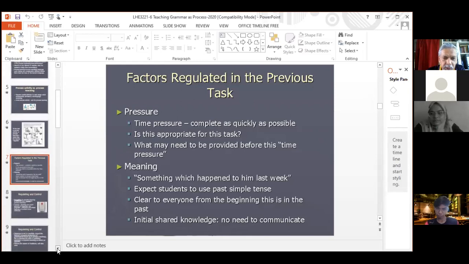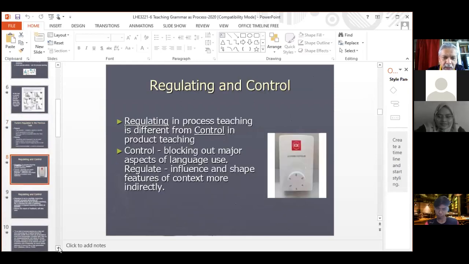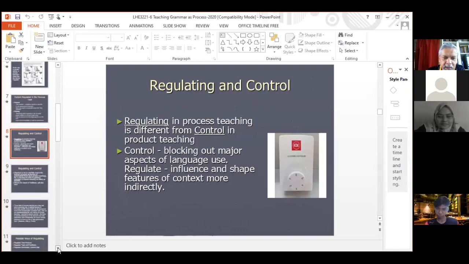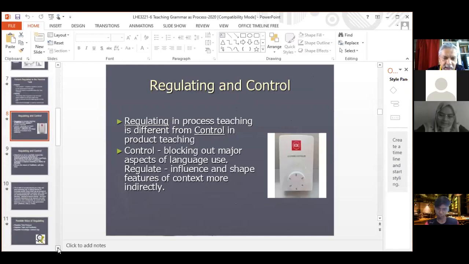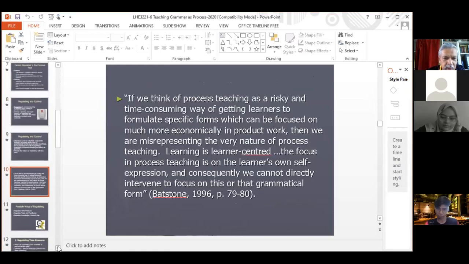The focus is on use. What you do is you regulate certain things, you bring in things that you normally find in normal conversations or normal language use, and you regulate it.